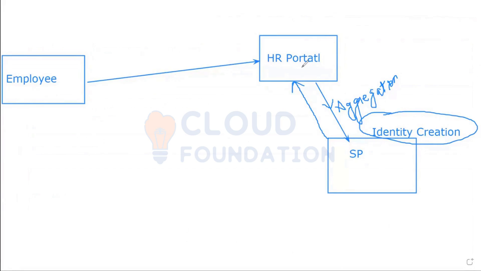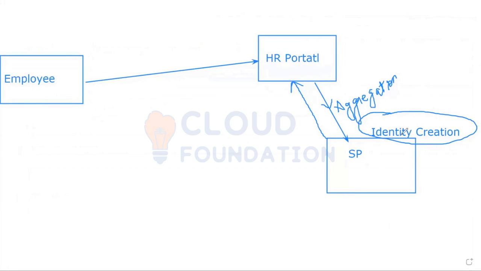Or, in another scenario, once the identity got created, all the necessary access will be provided automatically. We may call it a joiner event or birthright provisioning. We will talk about that later. So now I hope you understand how the digital identity is created.